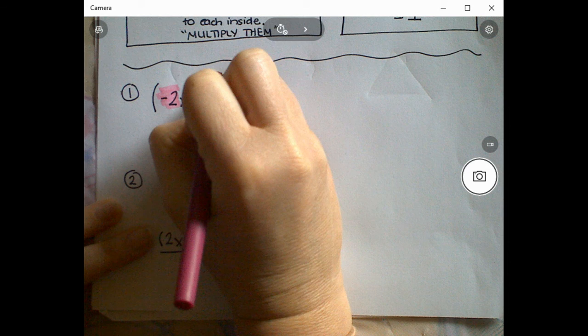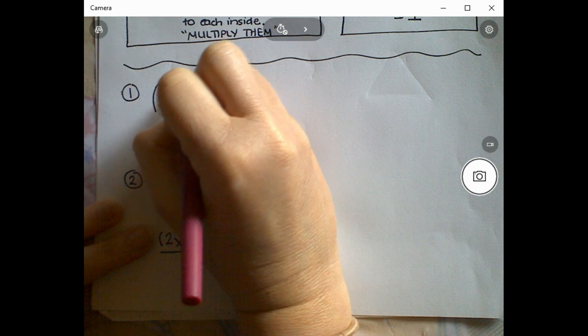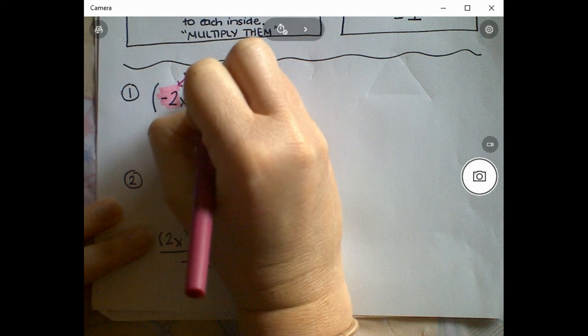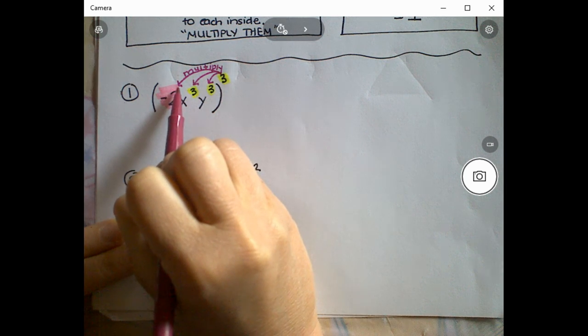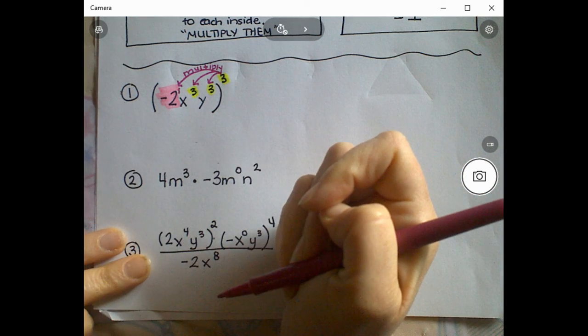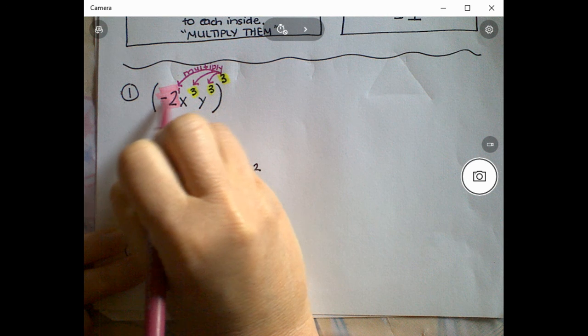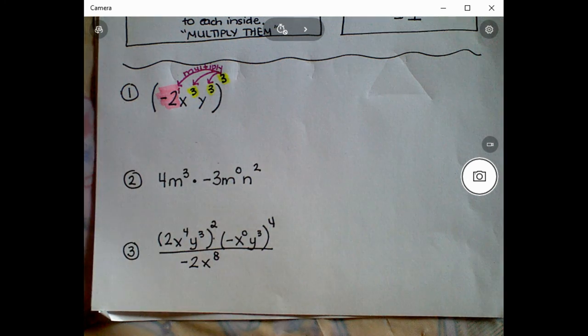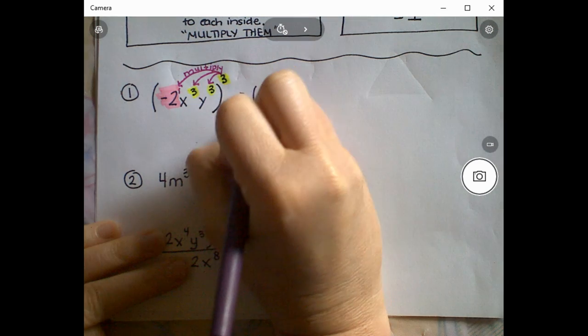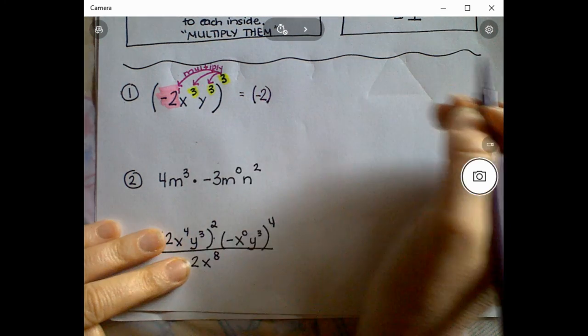Kind of like the distributive property, you're going to multiply them. This 2 has an implied 1 as its exponent. But this negative 2 is actually one number. So when we take this out of these parentheses, we're going to keep the negative 2 like that.